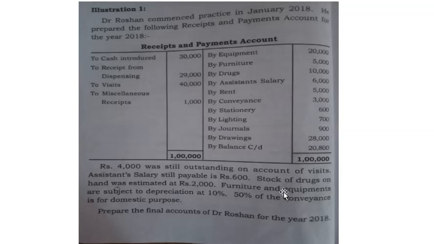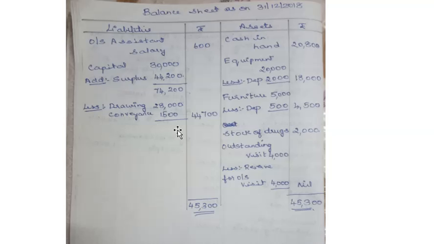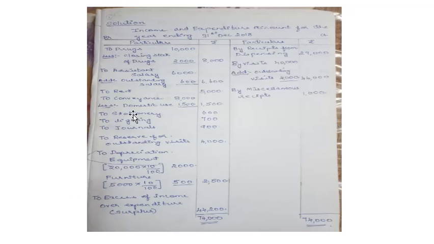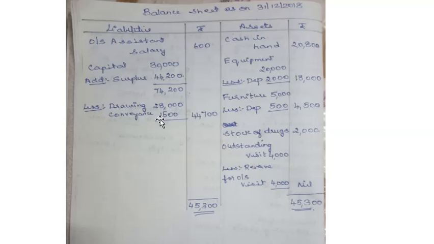Then conveyance is also for domestic use, personal use, that is also to be deducted. So here conveyance charges are 1,500. Here you have calculated, see, conveyance domestic use 50%, 1,500. So that you have to deduct here. These both are personal use. Drawings are personal and conveyance 50% is personal.